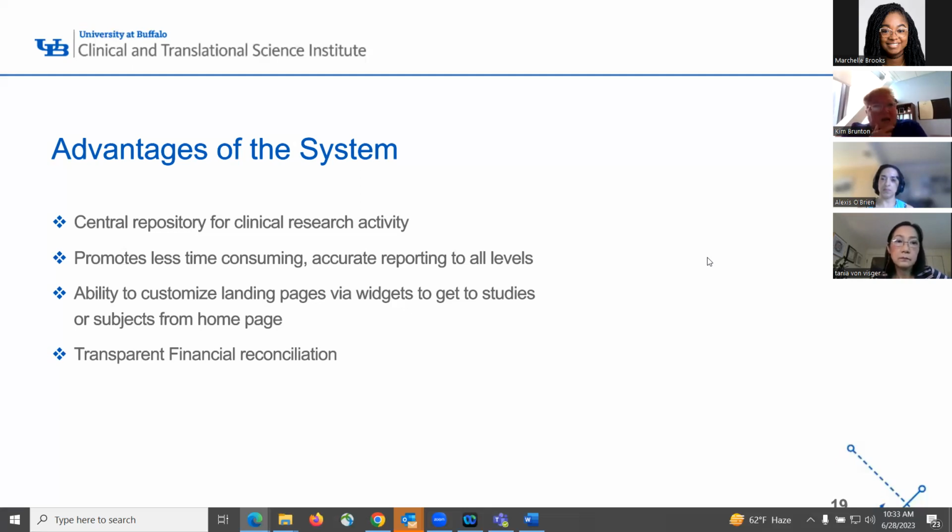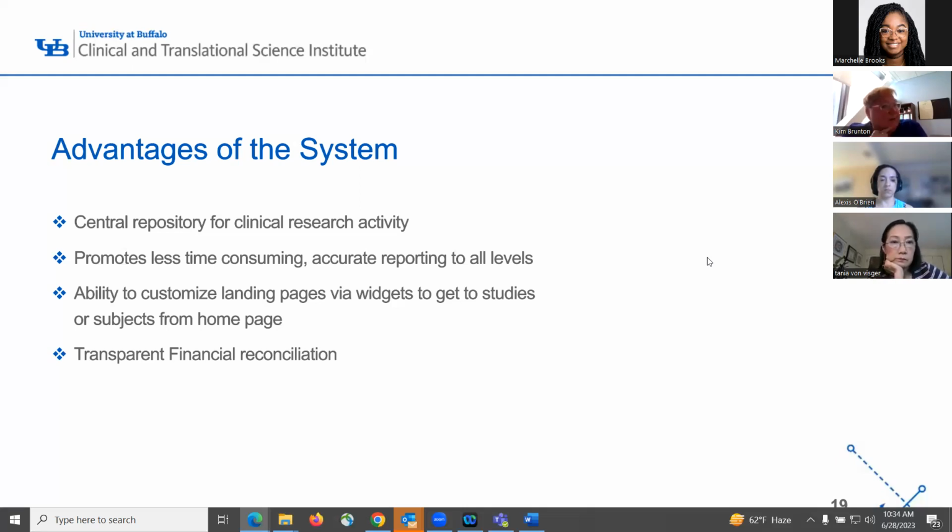On the other side of it, we integrate with the RF system, Oracle, to pull financials back from their reporting so that we can make sure that our financial reporting is correct for you. And then we also send things that way as well.